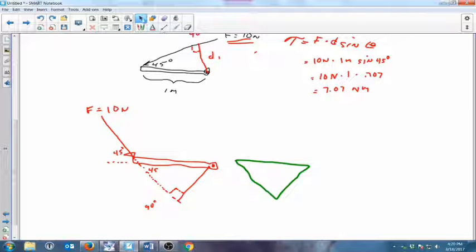And here is the 90 degrees right here. Pardon my drawing. It's a little hard to draw with this pen. I'm not used to it, but there's your 90. There's your 45. This is your opposite side. And this is going to become your new distance, your distance prime, just like it was up here.